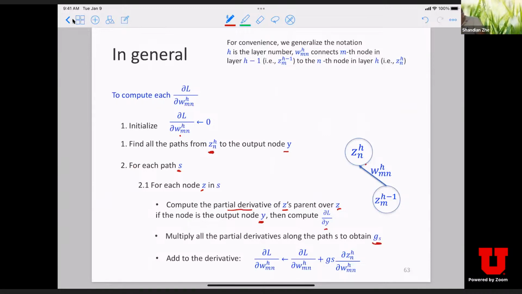Then you multiply the partial derivative at the end node ZNH, which is partial ZNH over this particular edge weight, and add this to the current result.